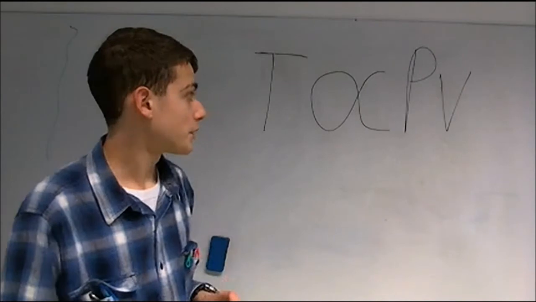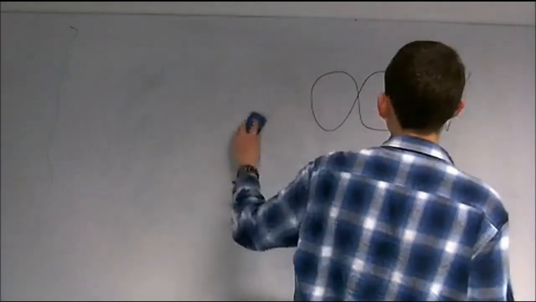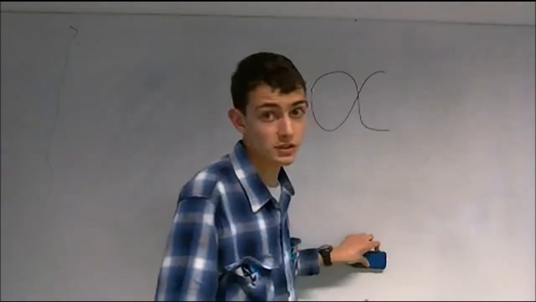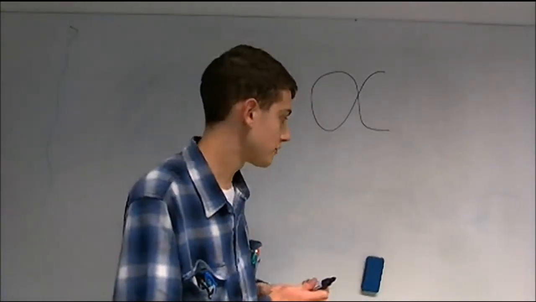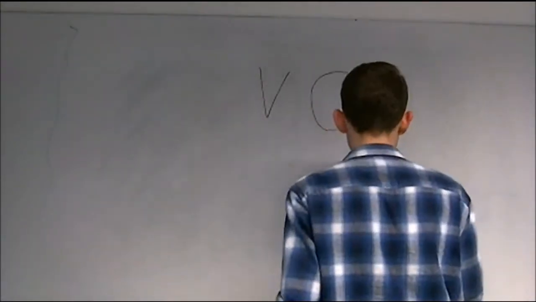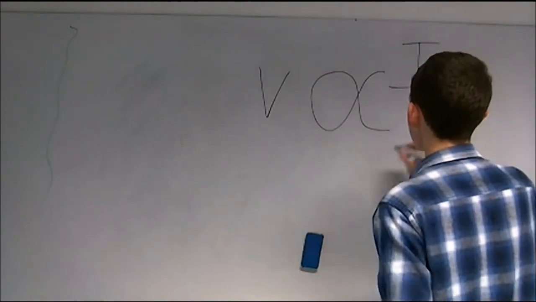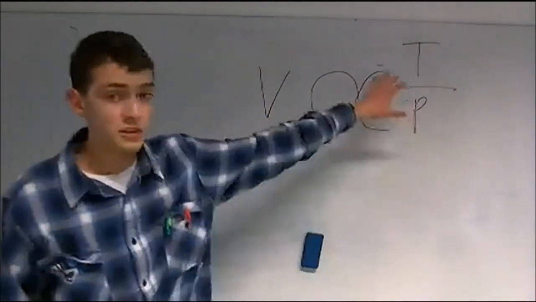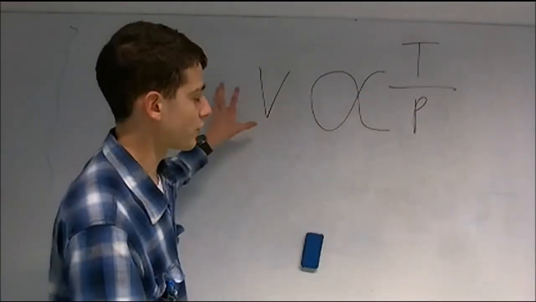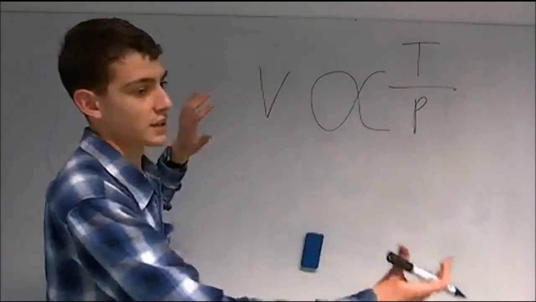Let's look at volume now. Its temperature is linearly proportional to its pressure and volume. So volume is proportional to T over P. At constant temperature, if you increase the pressure, then your volume is going to decrease.